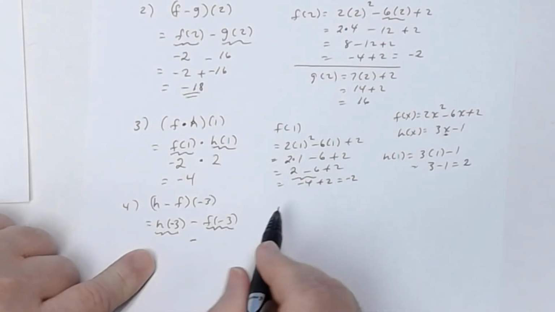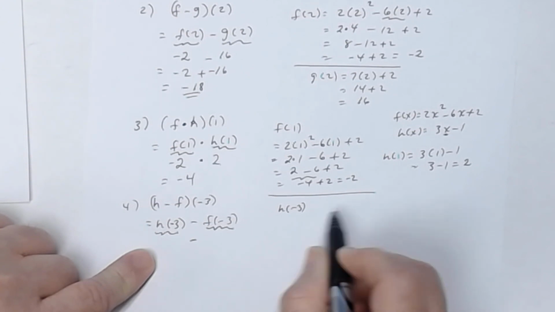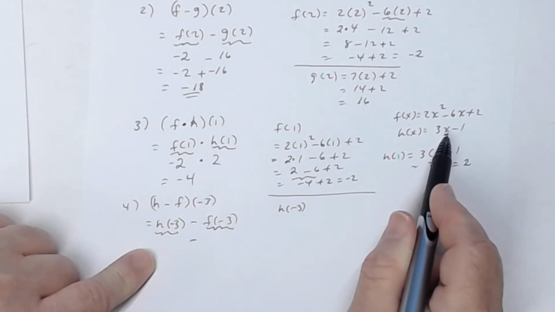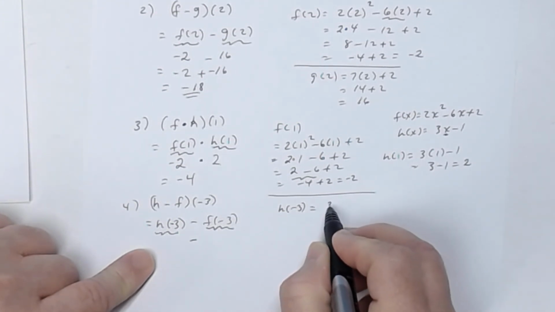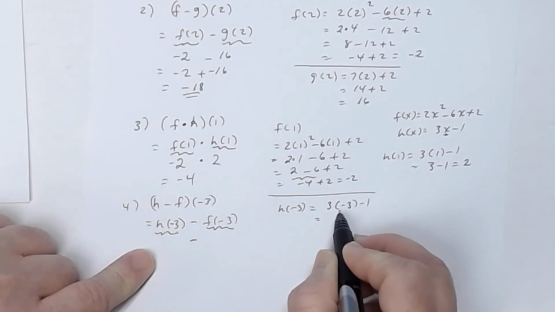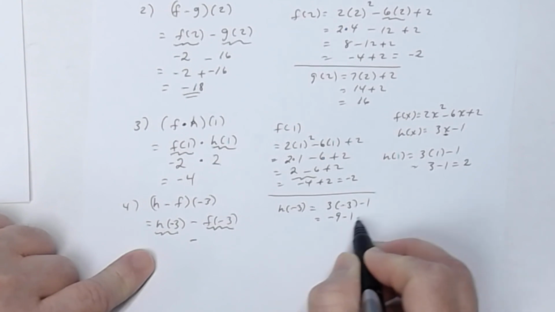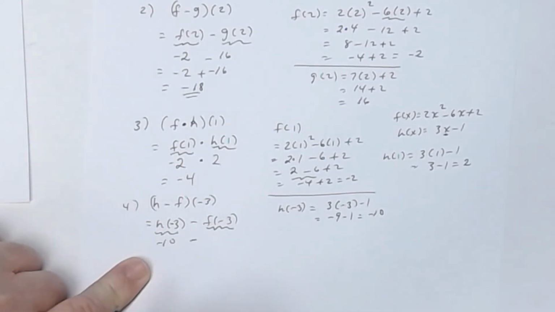So let's go off to the side and figure out what h of negative 3 is. Here's my function h, and where we see the variable x, I'm going to substitute negative 3. So this becomes 3 times negative 3 minus 1, and then 3 times negative 3 is a negative 9, and negative 9 subtract 1 is going to be a negative 10. So that's a negative 10 right here.